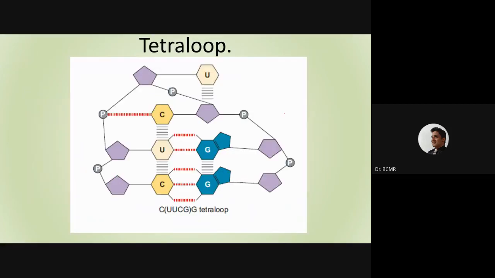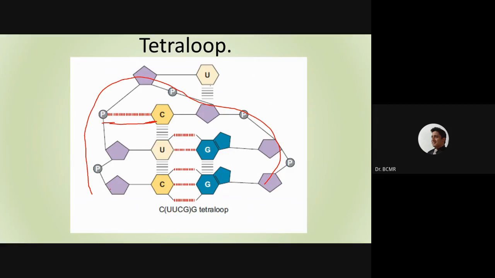Okay. So there is another structure that forms, it's a complex structure, the tetraloop. If we can try to track it, here is the phosphate, and then this is the single strand, and I'm trying to trace the phosphate backbone along. There is an interaction between this phosphate and C. There is something else also.